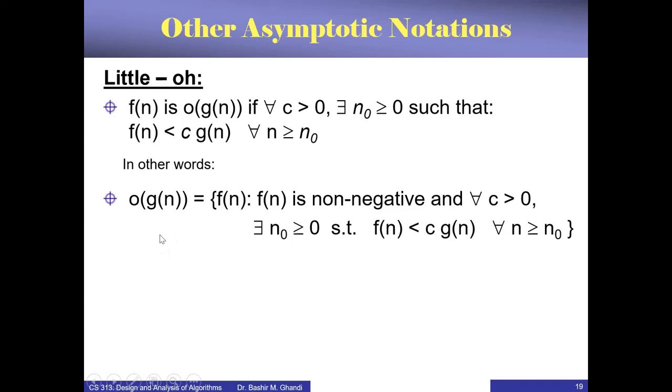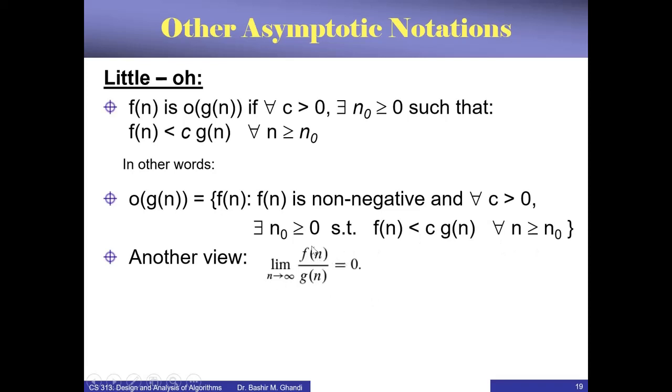In other words, little o of g(n) is the set of all non-negative functions f(n) for which, for all c greater than 0, we can always find an n naught such that the function is strictly less than c g(n) for all n greater than n naught. Another view of it uses limits, if you remember your calculus.